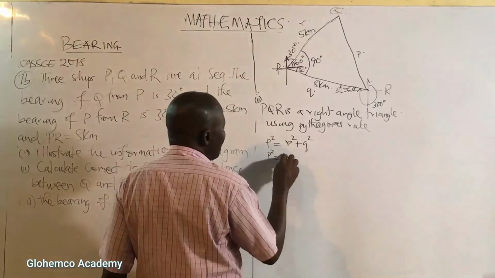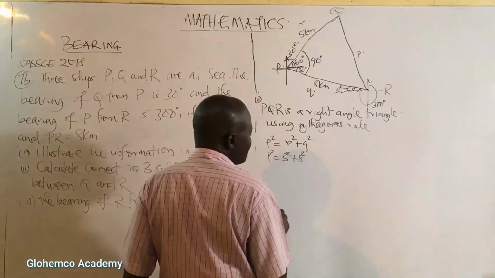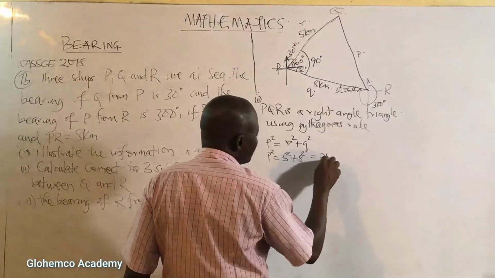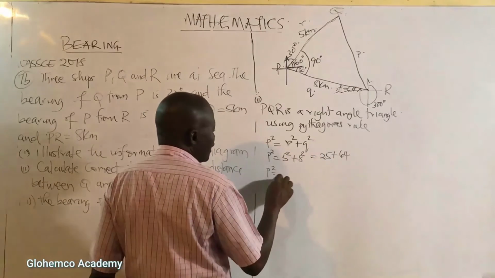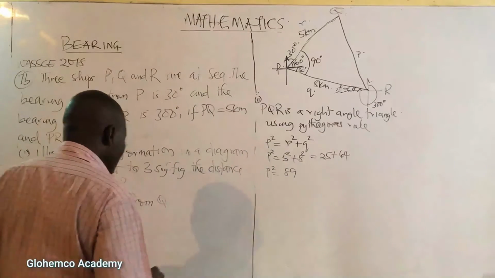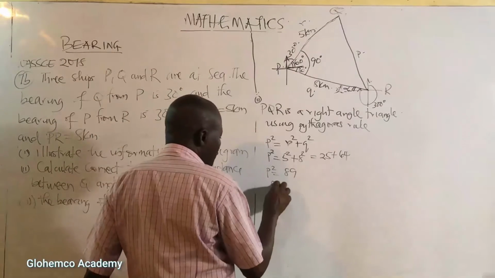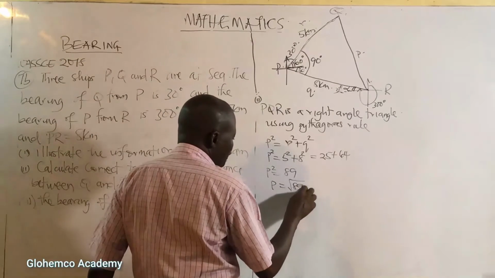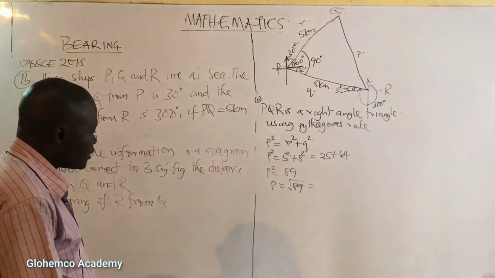What is our R? Our R is 5, squared, plus, what is our Q? 8 squared. This equals 25 plus 64. Our P squared is equal to 89. So in this case, we have P equals the square root of 89. What is the square root of 89?